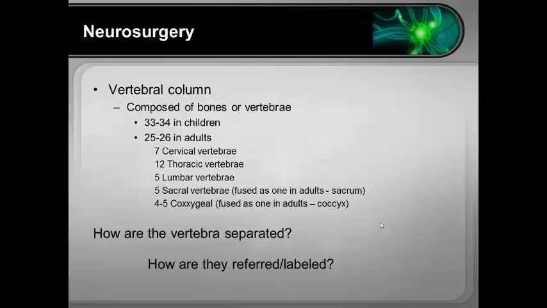And then it curves outward again in the lumbar region. And then it terminates at the sacrum and coccyx. As indicated by your slide, there are seven cervical vertebrae, 12 thoracic vertebrae, and 5 lumbar vertebrae. Before you let me continue, make sure you can answer the 2 questions below.